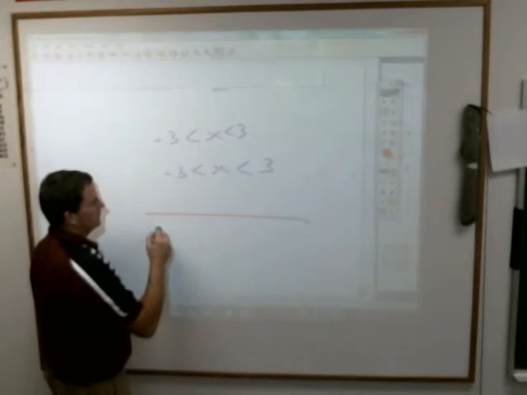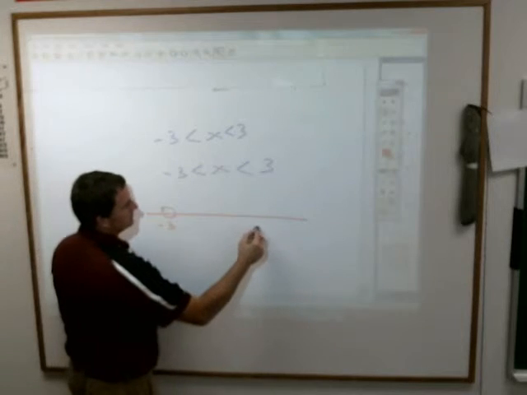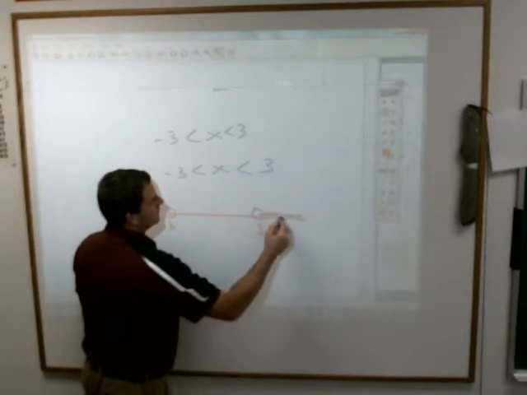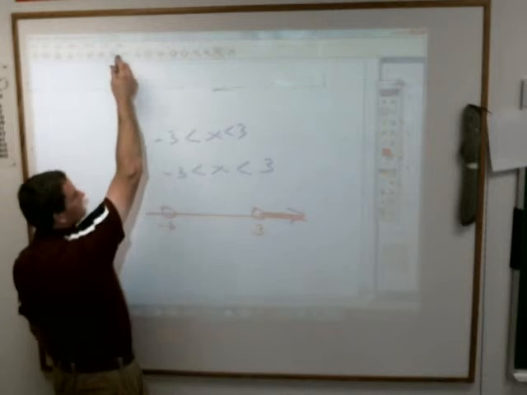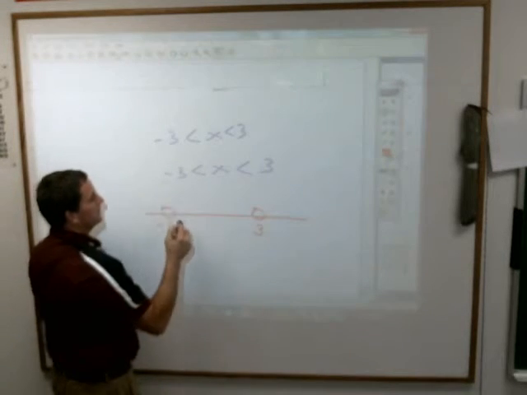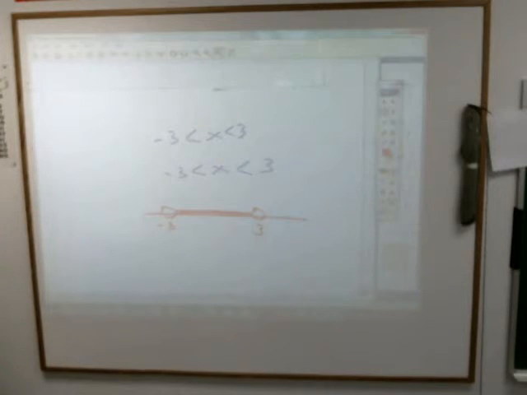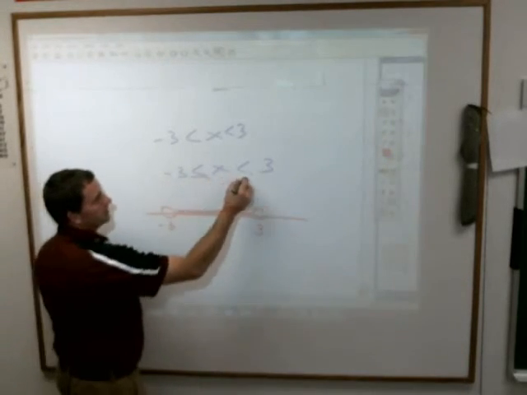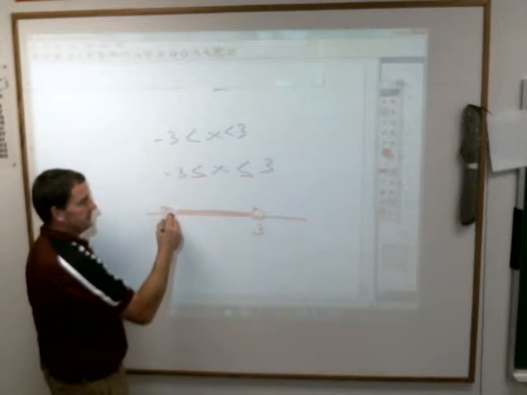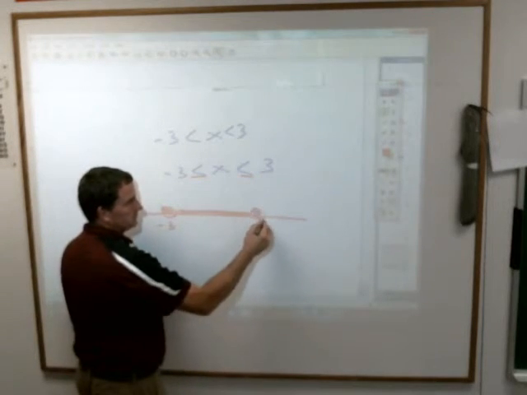I think I got it right. -3, circle, 3, circle, this way, I'm sorry. I'm just checking to see if you're listening. Yeah, I got it right. What up? I am the smartest man. Please note, if there were equal signs underneath there, the only thing that would be different is these would be colored in.